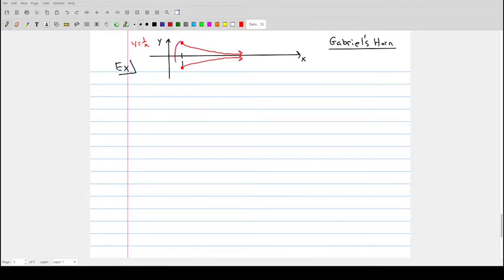Specifically, it looks kind of like a horn, because the function 1 over x looks like this from 1 to infinity, and when I revolve it around the x-axis, it has this horn shape, like a primitive trumpet.